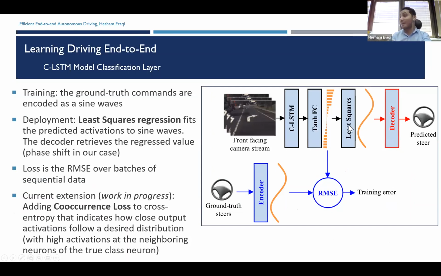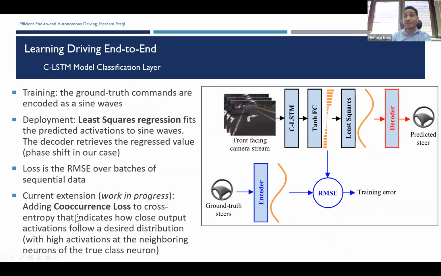And during testing time, you need to fit the output to the nearest sine wave via least squares regression in order to decode the value of interest that encodes the steering wheel angle, which in this example was the phase shift of that sine wave.